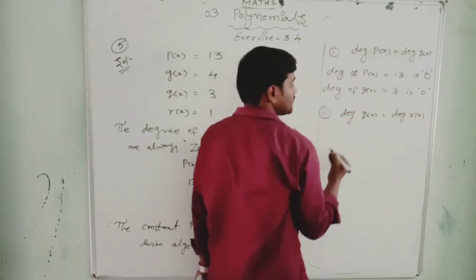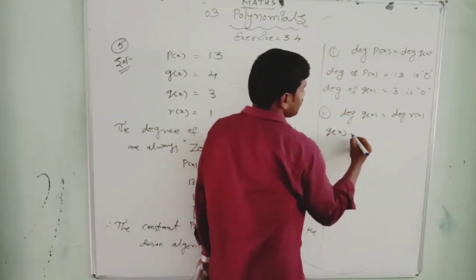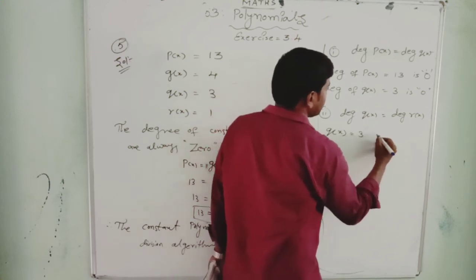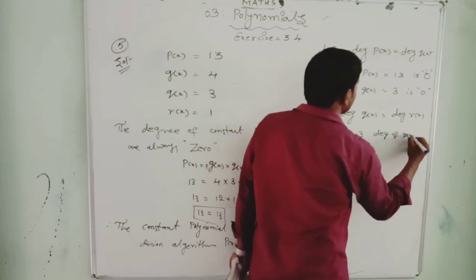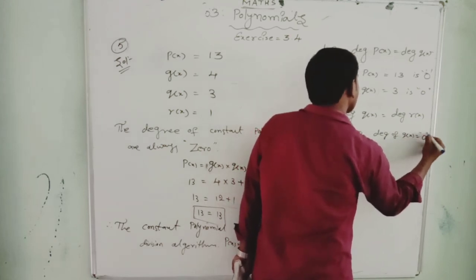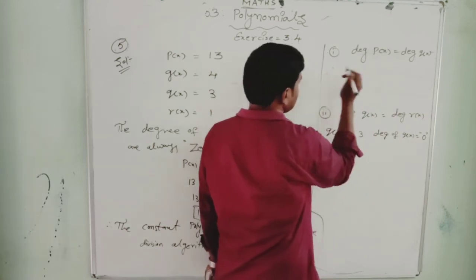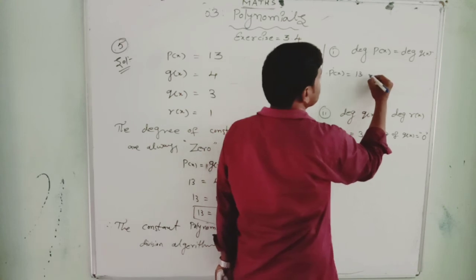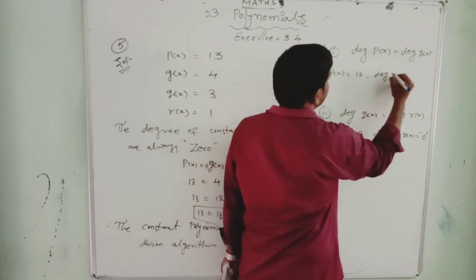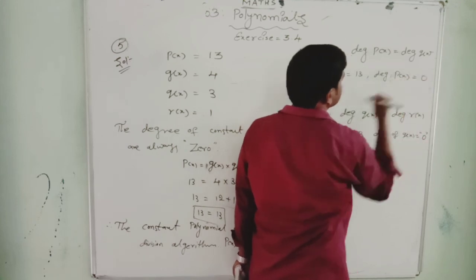This also satisfies. You write it in this way, which is better. p of x is equal to 13, so the degree of p of x equals 0.